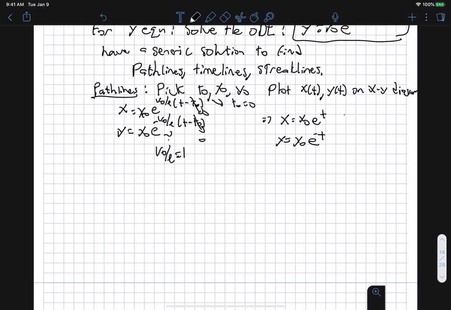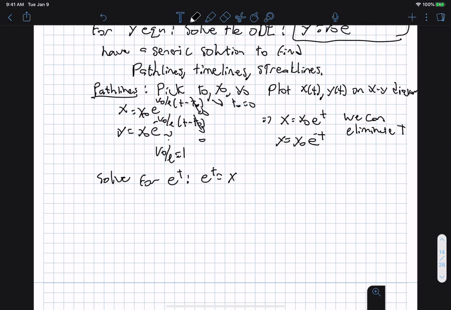So we can eliminate time t. So we solve for e to the t. We pick one of them.